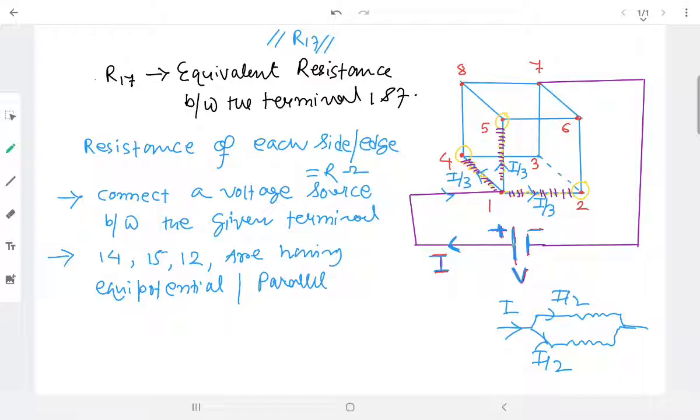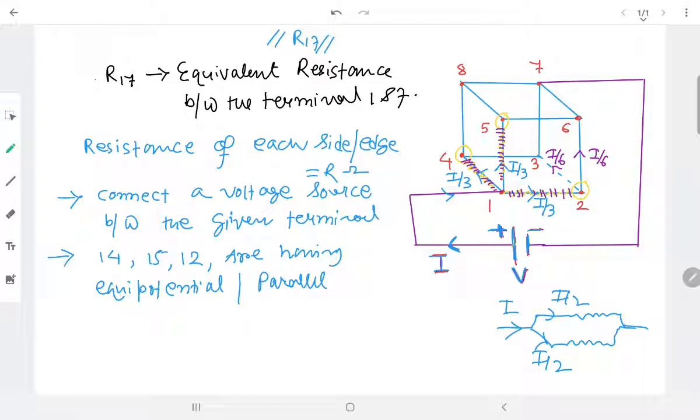Am I clear? Okay, now at the corner point 2, the incoming current is I by 3. Again we have two sides, one is this one and the second one is this one. Now again the current will be divided equally. Now the same method we will apply to understand why current is dividing equally.